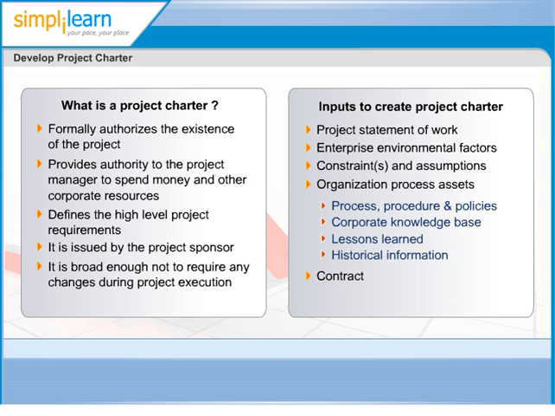Every organization develops a set of processes, procedures, and policies that are based on the best practices learned by the organization over time. The historical information includes things like past project management plans, risks, lessons learned, and so on, of similar projects executed in the past.